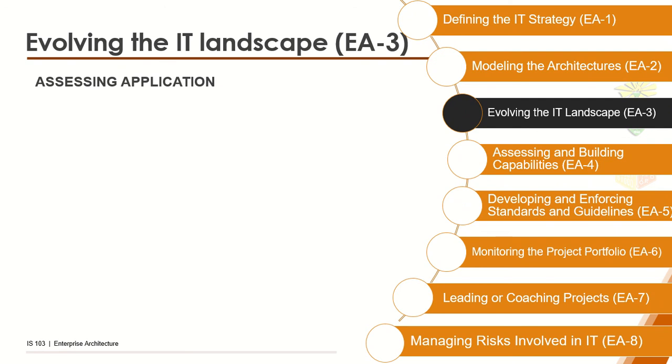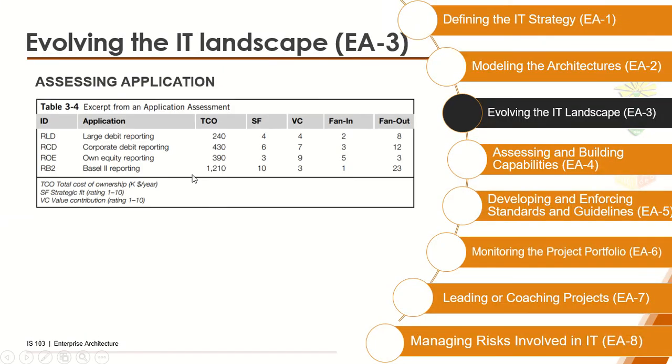So the agreement on the KPIs in the previous slides prepares the groundwork for assessing the applications in the application catalog. So the goal is to come up with this kind of table, no? So we assess the applications so we can come up with this and score them in terms of what I discussed in the previous slides.